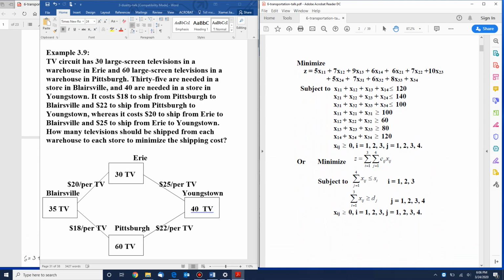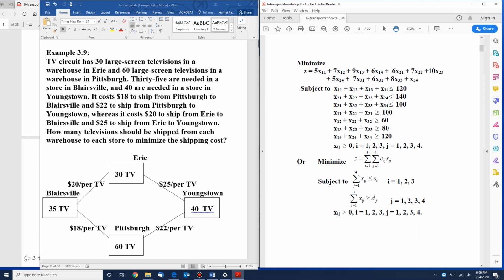If we write it more clearly using some notation, you can see that we have 3 supply constraints because we have 3 sources, right? And we have 4 demand constraints for 4 markets.